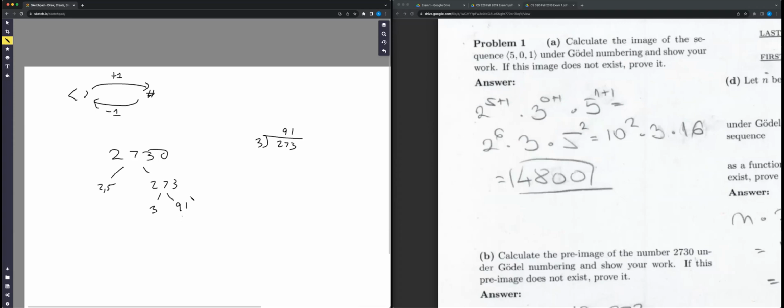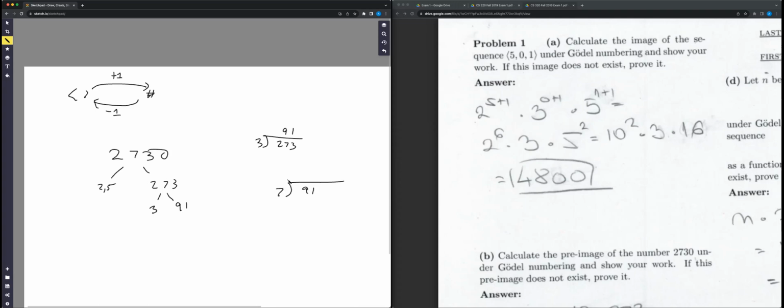Okay, how do we divide 91? It's not divisible by 2, and it's not divisible by 3, because 9 plus 1 is 10, and 10 is not divisible by 3. It's not divisible by 5, since it doesn't end in a 5 or a 0. So now let's check 7. 91 divided by 7.